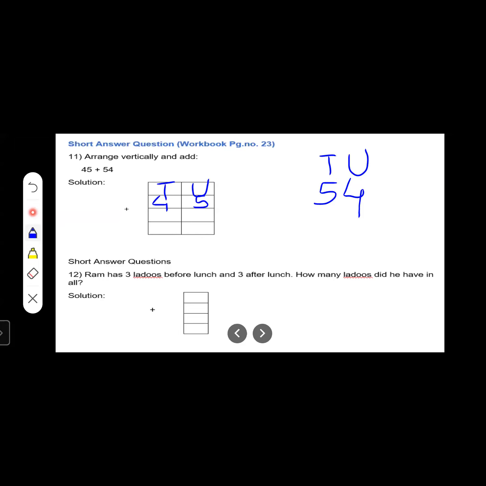So the number which is in the tens place will go with tens. So here we will write 5. You also write. Write it in the notebook or workbook, but do it with me. And then 4 will go in the units place here. So now we have arranged both the numbers. Now what do we have to do?